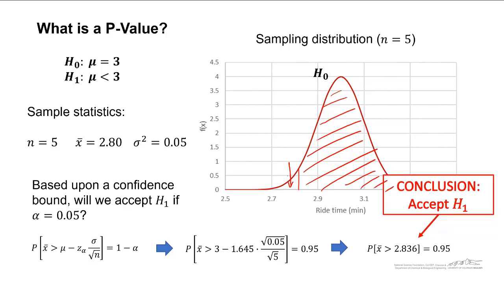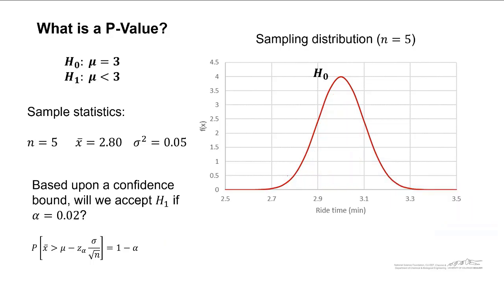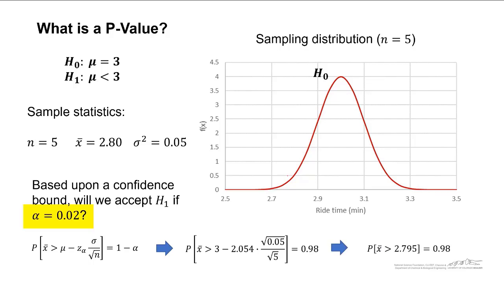In this way, we can keep decreasing alpha until we're right at the border of accepting and rejecting the alternate hypothesis. Let's go through one more example. If alpha equals 0.02 and we perform the analysis, a 98% confidence interval, we would say, is any sample average greater than 2.795, which is right there.